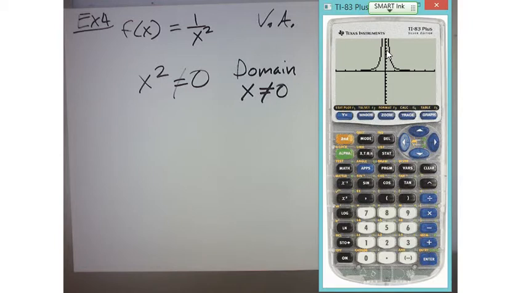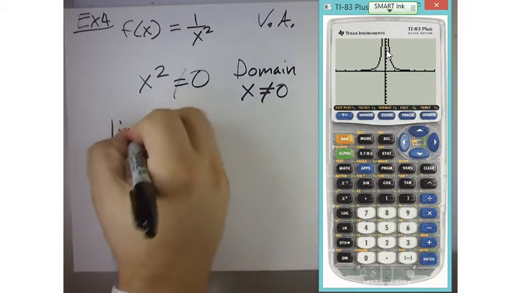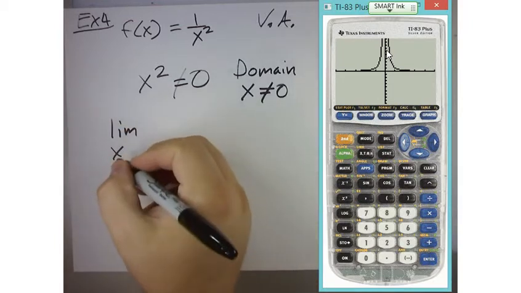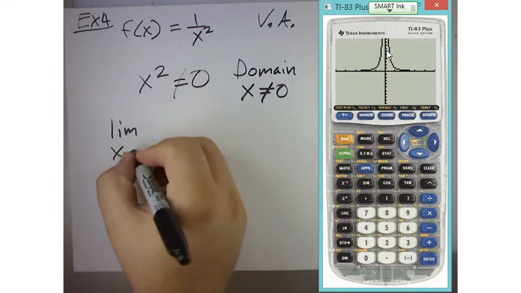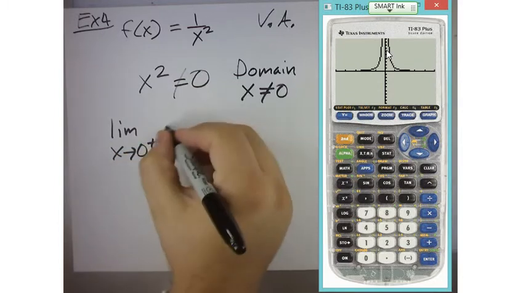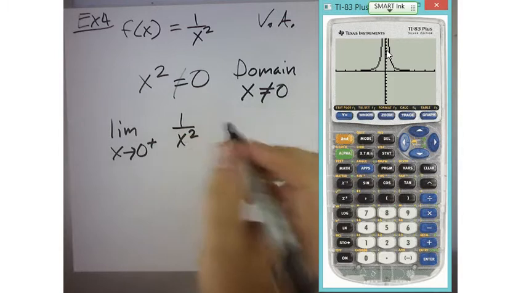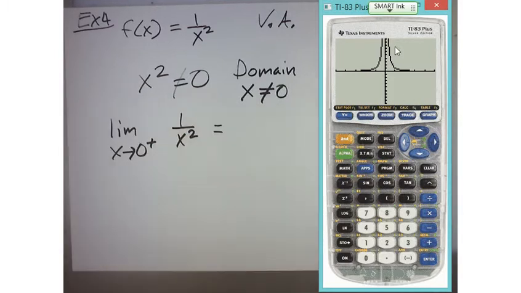Okay? So if I take this limit as x approaches 0 from the positive side of 1 over x squared, let's hit trace.